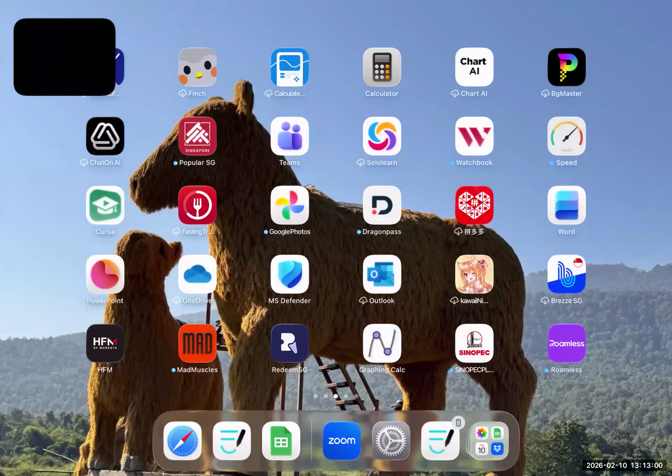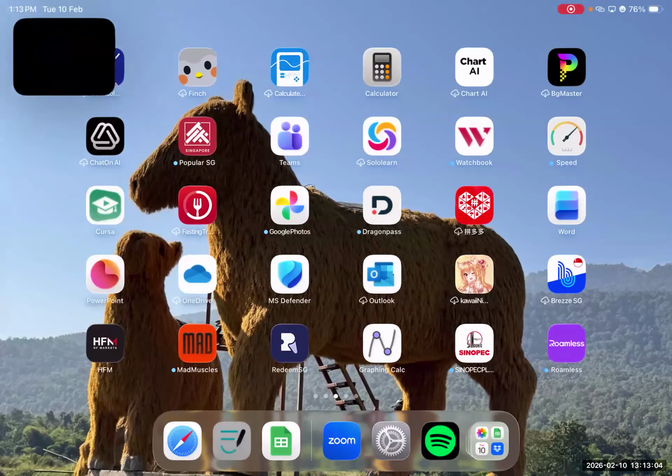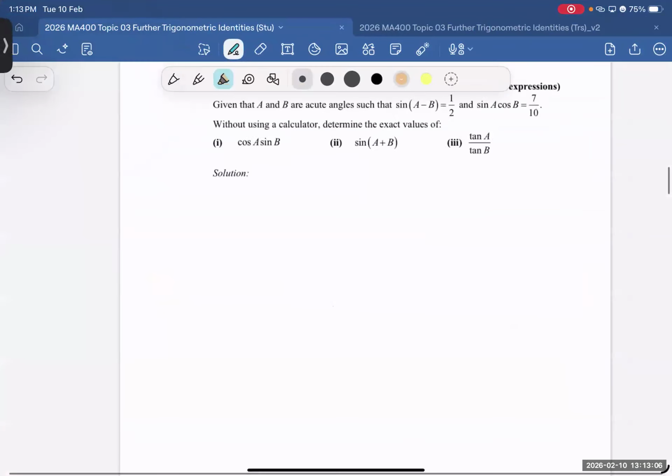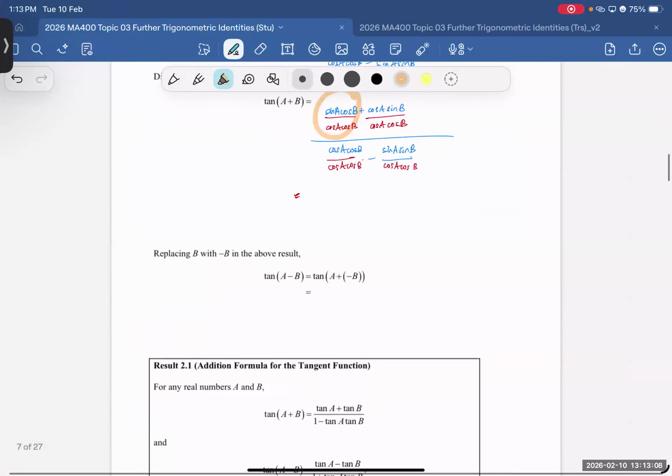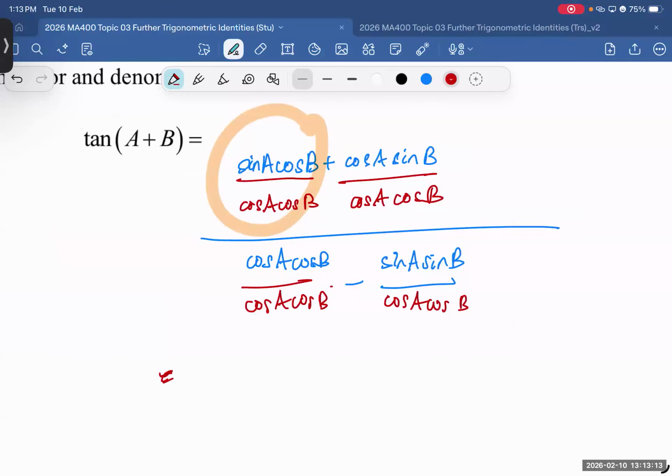Okay, so once you divide, listen, for purposes of recording the video, I will also go through. Divide by cosine, cosine. What is sine A over cos A? Tangent A. Cosine, cosine divide. What is sine B over cos B?